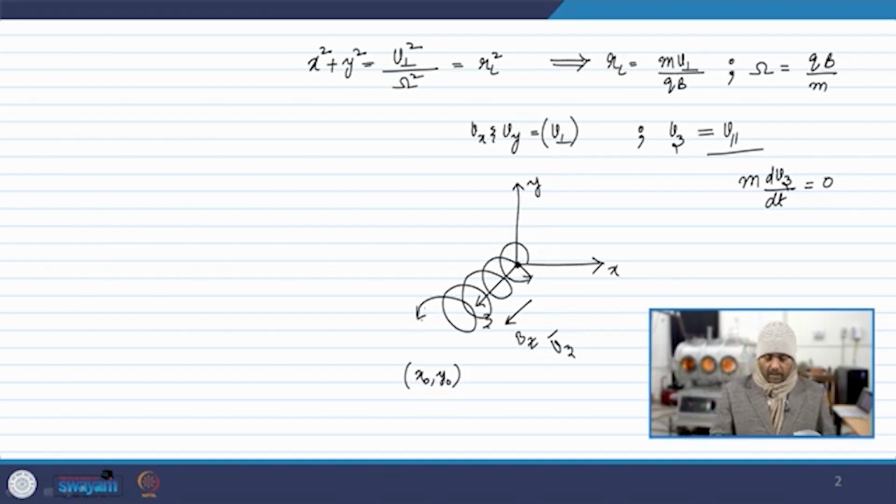The idea is the electron will gyrate like this, the ion will gyrate exactly in the opposite direction. That is the basic idea. So, this guiding center x naught, y naught, what happens to this guiding center as the particle moves? The guiding center is also moving, right.